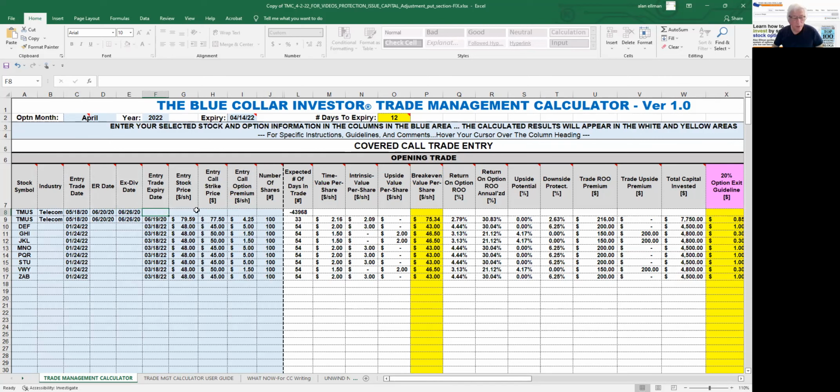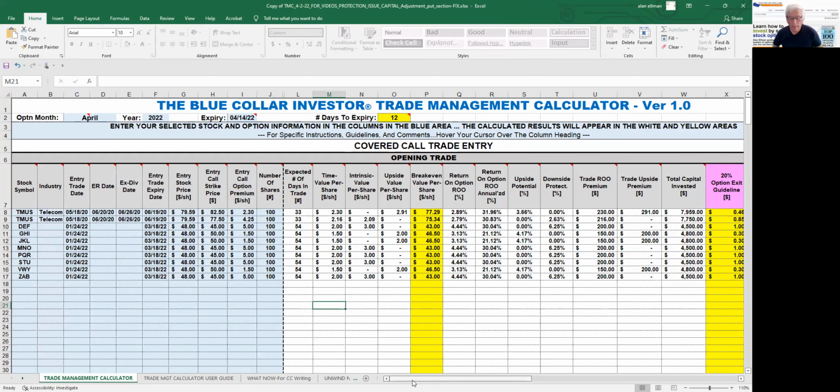Okay, the expiration date was 6/19. And the price 79.59. This is as fast as I type, folks. And the strike price, we're going to go out of the money. And that generated $2.30. That was from the option chain when I did this article. 100 shares. Okay. So that's the entry now.